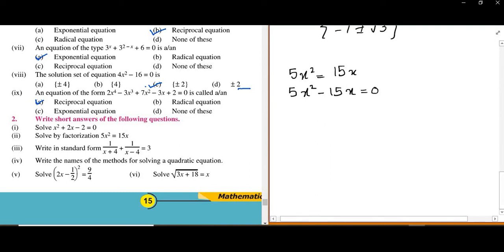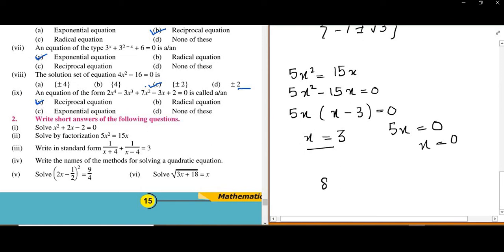Just take 5x common: 5x times x minus 3 equals 0. This becomes x equals 3. So the answer for the second part of question 2 is 3 and 0. When you write 5x equals 0, you will get 0 from there. So the solution set is 0, 3. Clear?